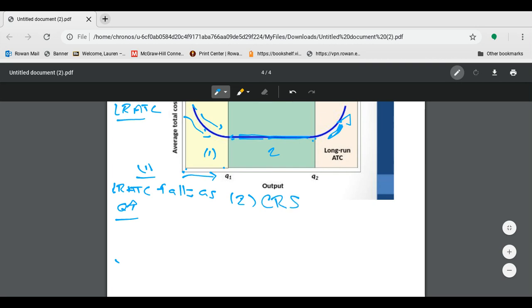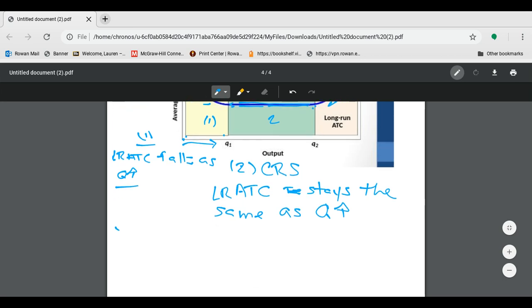We can call that CRS if we want. And we can say the long run average total cost remains the same as our output or our quantity goes up. So even though we might be making more output, our average total cost in the long run is exactly the same, and it's not changing.